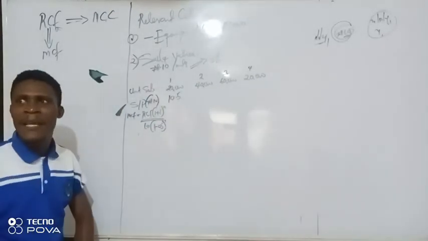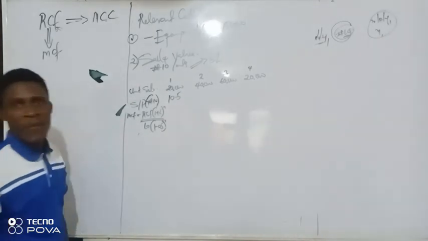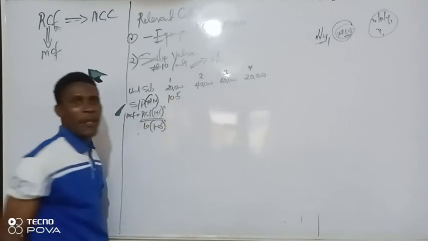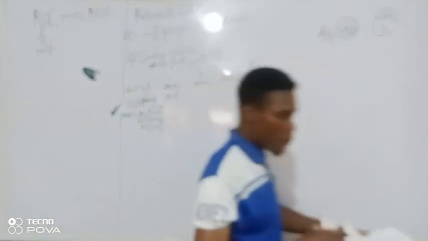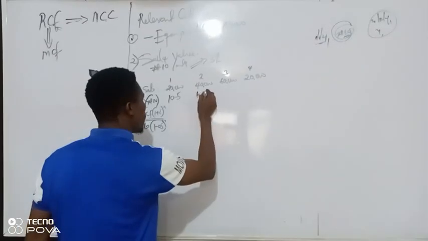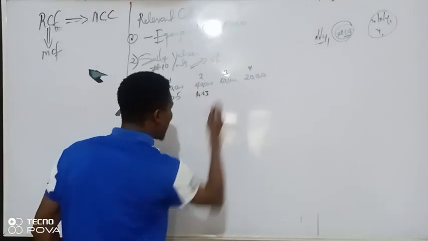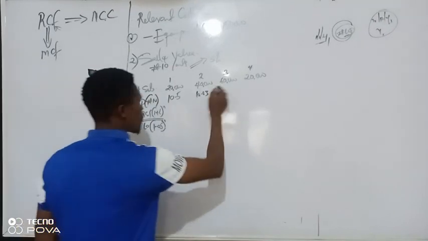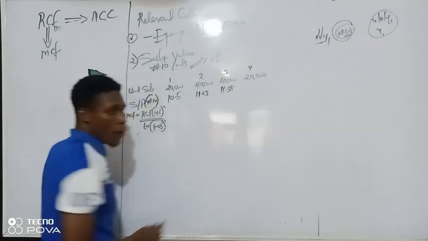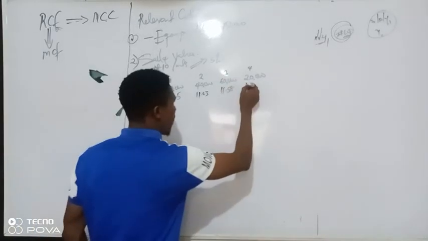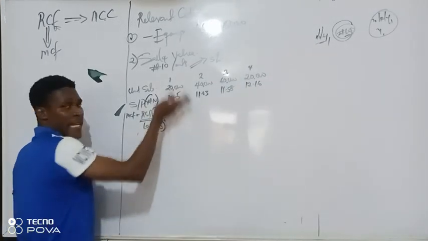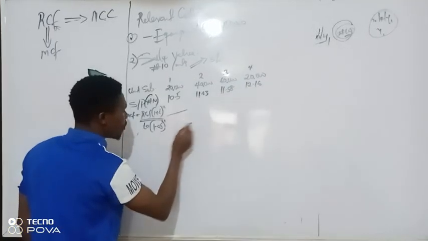Year 1 is 10.5, year 2 is 11.03, year 3 is 11.58, and year 4 is 12.16. Multiply by the units, then you get your money cash flow.